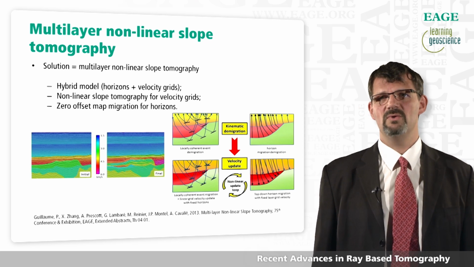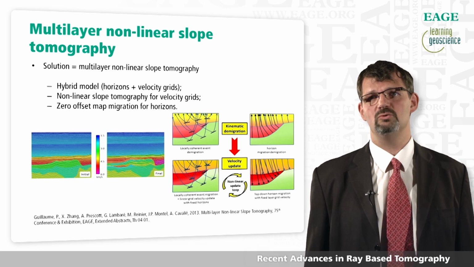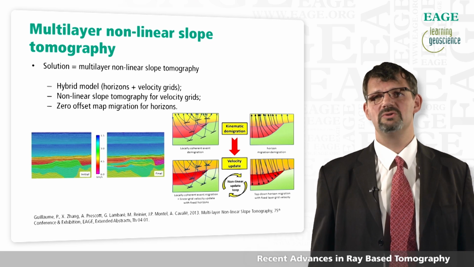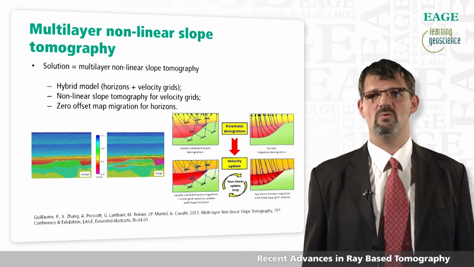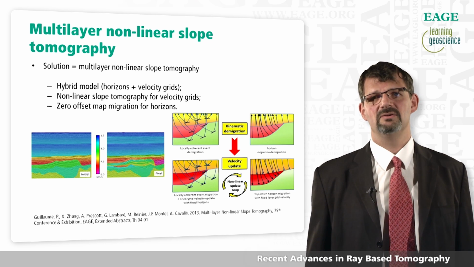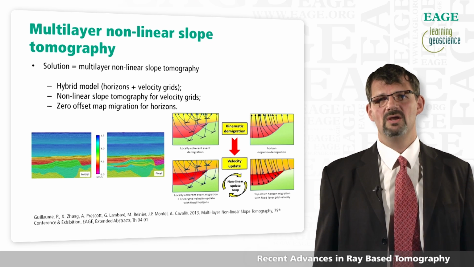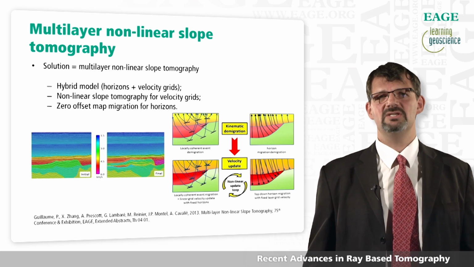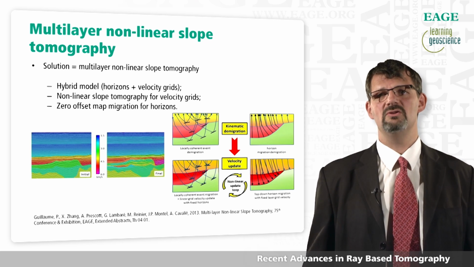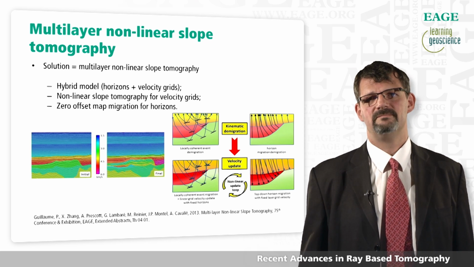On the right, we have a horizon picked in the initial model and demigrated to zero offset, building some new type of horizon, invariant horizon. So it is the way the process is done in this approach, where you have a nice combination of a hybrid model description and an appropriate nonlinear update of the two components of the velocity model.